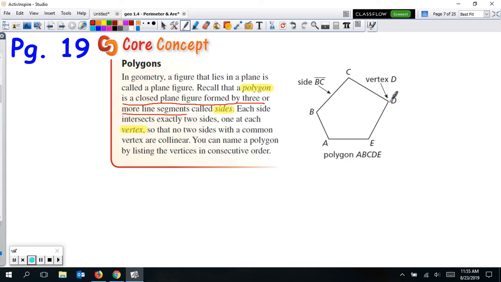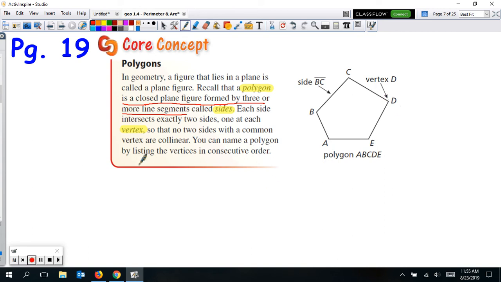The vertex is the corner point. So that no 2 sides with a common vertex are collinear. This side here is not going to be collinear with DE down here, because as soon as it hits a vertex, it turns.